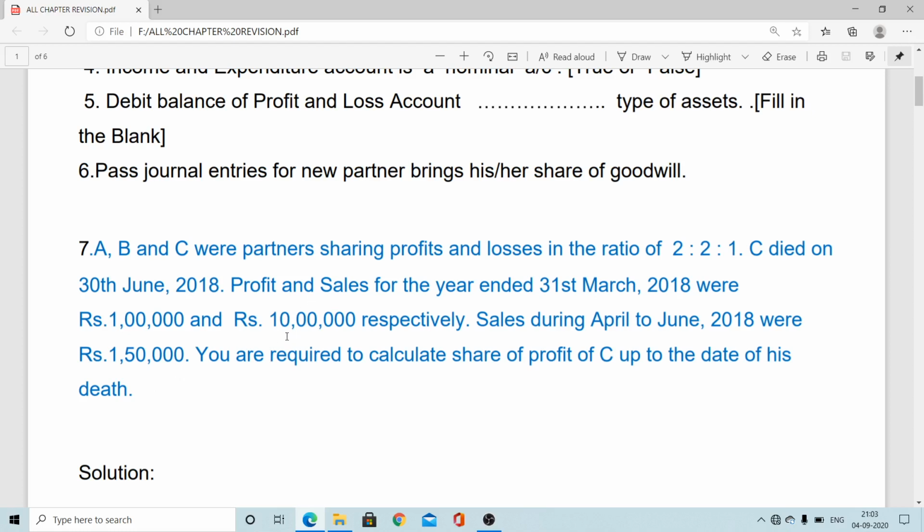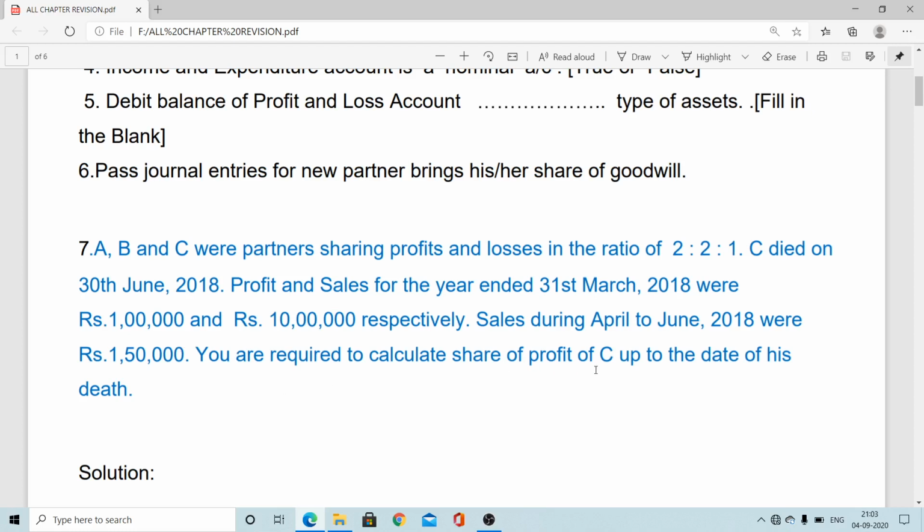Or we can find it by percentage: when sale is 10 lakh, profit is 1 lakh, so 1 lakh by 10 lakh into 100 comes to 10% profit. Profit on sale percentage is 10. If you calculate 10% here, it comes to 15,000. So easily you can calculate the total profit during that period.